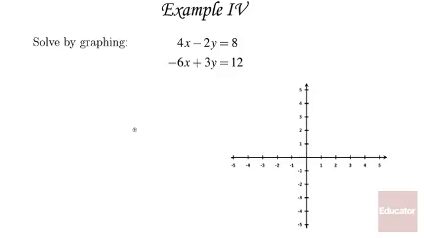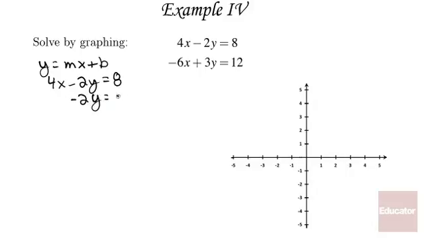In this last example, again, a set of equations, a system of equations that we need to solve by graphing. Again, using the method of slope-intercept form for graphing, 4x minus 2y equals 8, subtracting 4x from both sides, and then dividing both sides by negative 2 to give me y equals 2x minus 4.